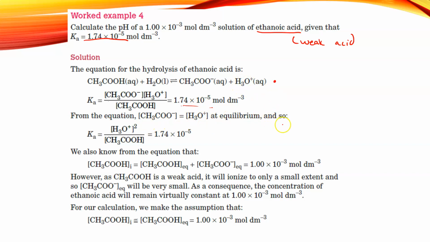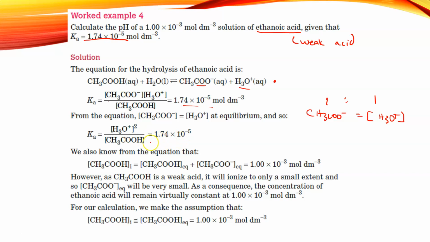We also know that the concentration of the CH3COO- ion is going to equal the concentration of H3O+, because we get one CH3COO- for every H3O+ that is formed. It's a 1:1 ratio. So if we know that, we can rewrite the expression using [H3O+]² over [CH3COOH] is equal to this.